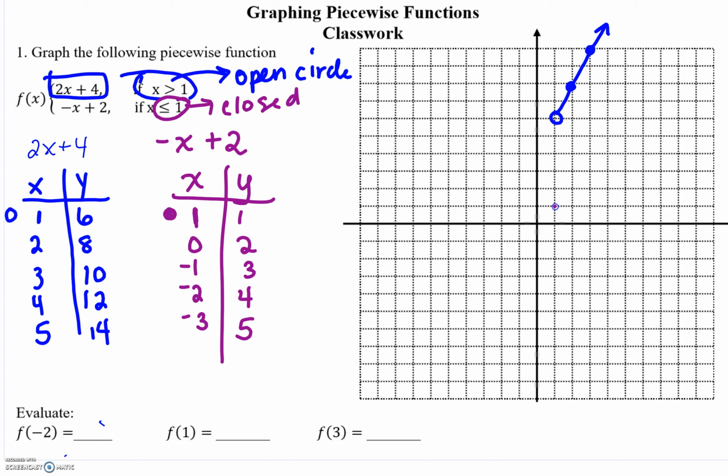So 1, 1 becomes closed, 0, 2, negative 1, 3, and so forth. We can continue on with this pattern and copying the values down in our table, or you should notice that it's going up one, left one, up one, left one. So we can just create a straight line.